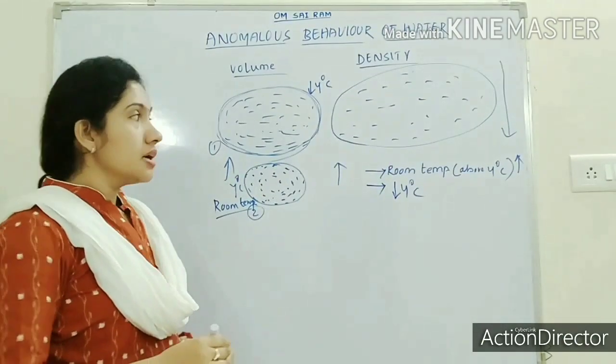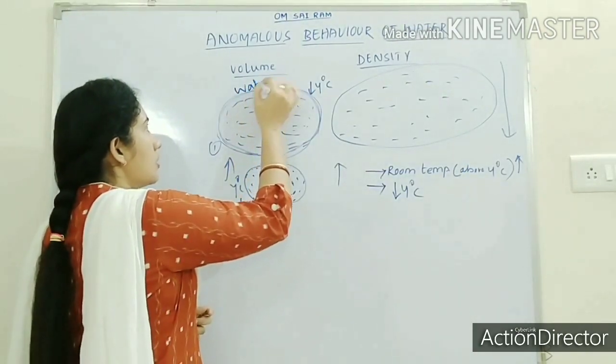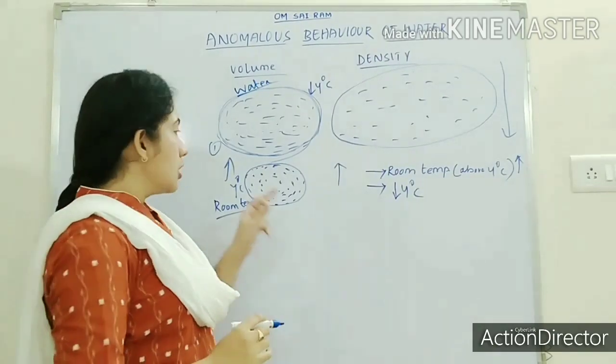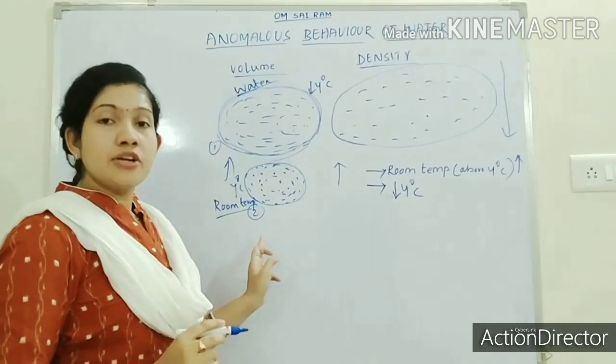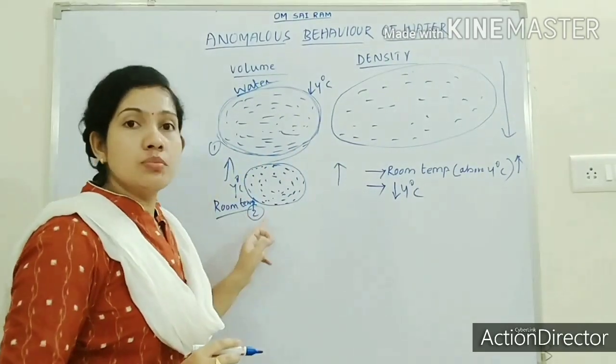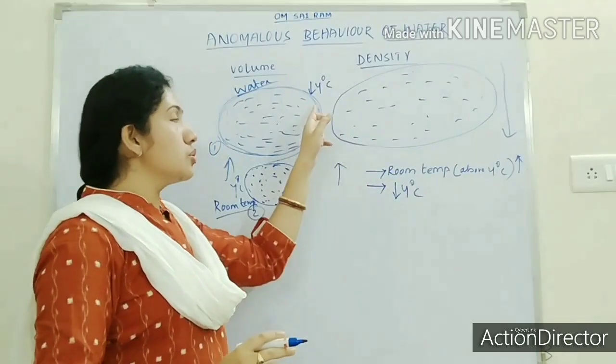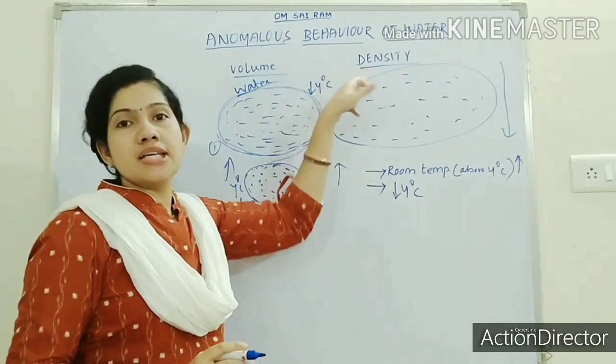Again I am repeating. Here we have taken water. We have taken two conditions. One, we allow this water to cool at room temperature, and again we allow this water to cool below 4 degrees Celsius.